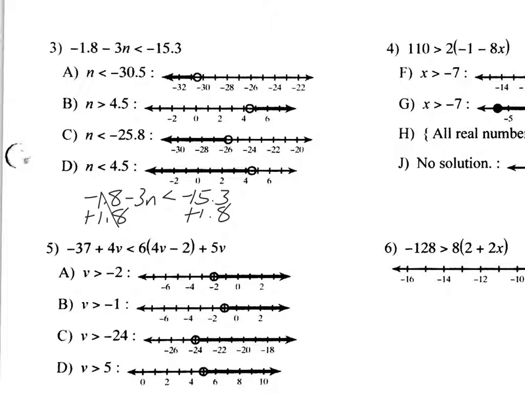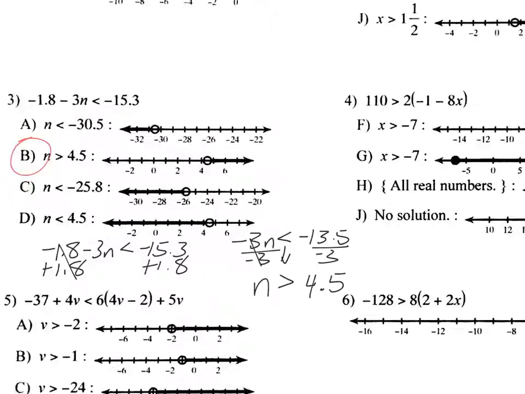So that's negative 3n less than, and if I combine those, that's negative 13.5, I believe. Then we divide by negative 3, so I'm dividing by a negative again, so I'm going to have to flip my inequality symbol. And then that's 4.5. So n is greater than 4.5, which would be B.